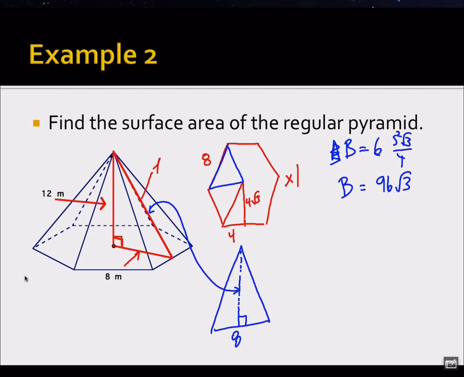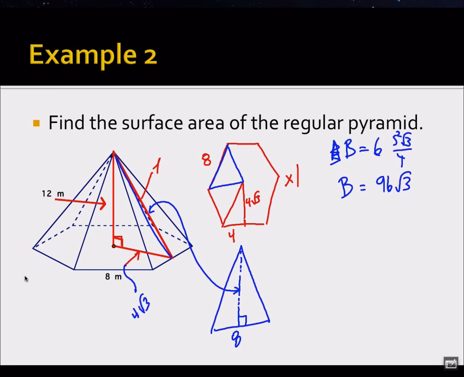How long is this? 4 square root of 3. So how do I find that?